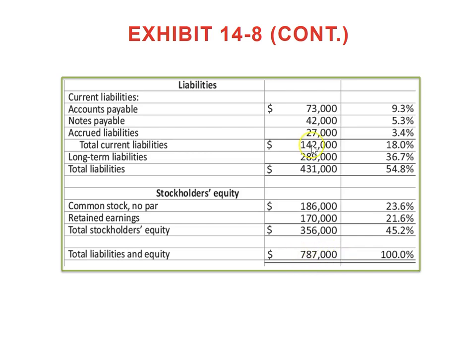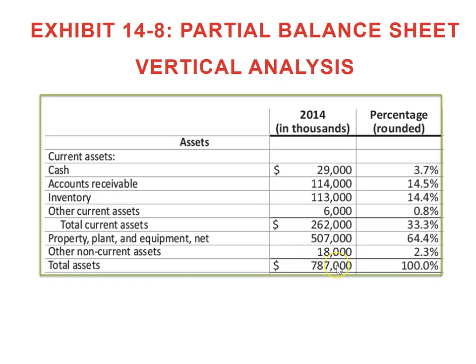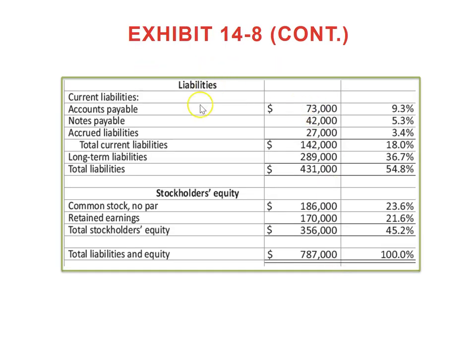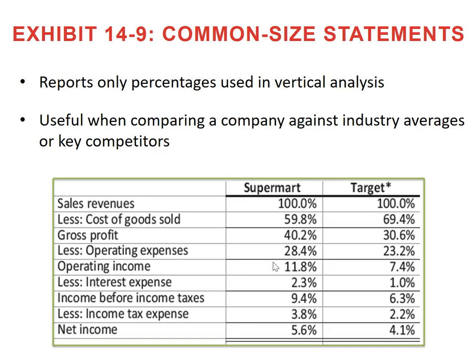So this is your 100%, which is 787,000, exactly like your total assets, 787,000. Now you're going to express every item as a percentage of this total amount. For example, for accounts payable, 73,000 divided by 787,000, which means that accounts payable is 9.3% of your total liabilities and stockholders' equity.